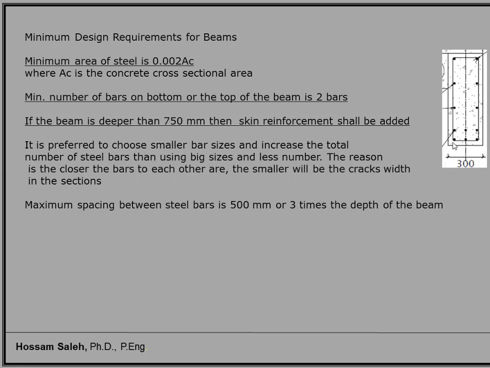The other thing which I would like to mention is the spacing between these bars should be bigger than 1.5 times the aggregate size. So if you are using an aggregate size of 20 millimeters or 25 millimeters, you multiply the aggregate size by 1.5, and then you need this spacing between the bars to be more than that.